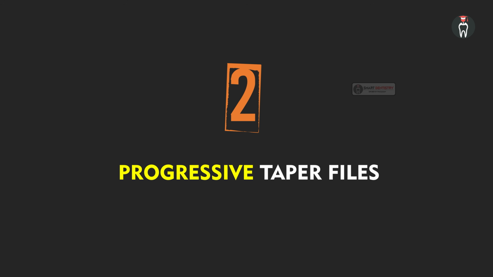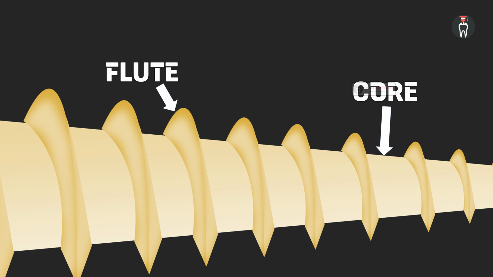Second, it is wise to use files having a progressive taper. Let's understand what this is, and I made this picture just to help everyone understand what is the blade or the flute and what is the core.